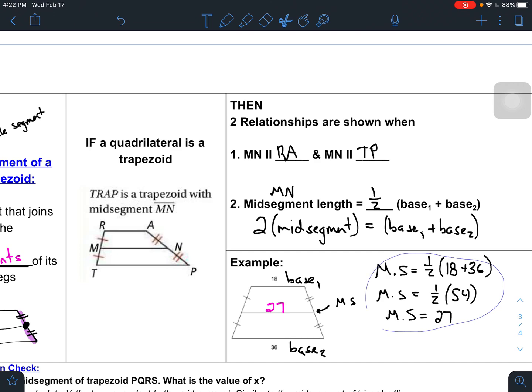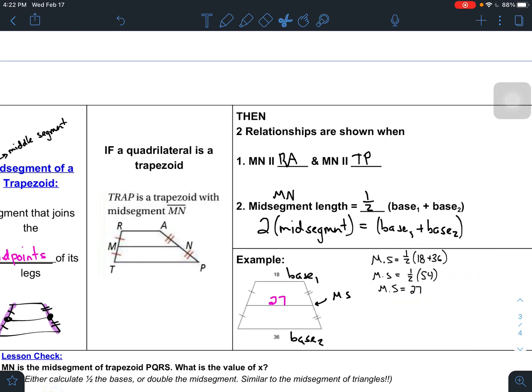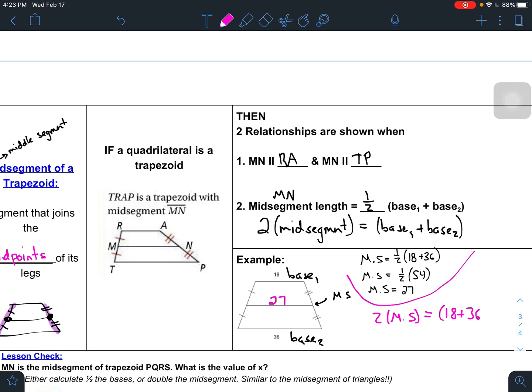What if I had written it a little different? What if I had written it as 2 times the mid-segment? Let's just try that out. Ready? 2 times the mid-segment is equal to 18 plus 36. So let's just try this in a different way.